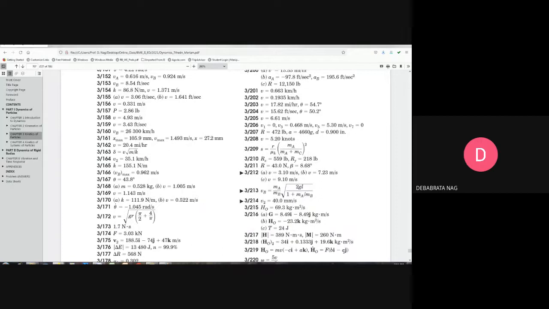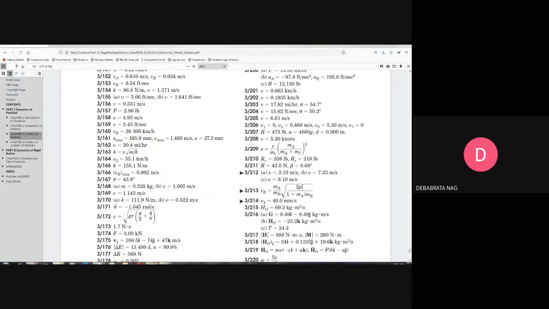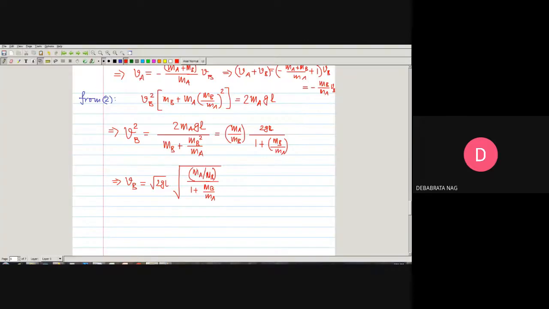We see that it is written in this manner. It is MA by MB into root over 2GL divided by 1 plus MA by MB. So we just see it here. This is the factor. I think whether it is correct or not, this is MA by MB. So this is MA by MB.